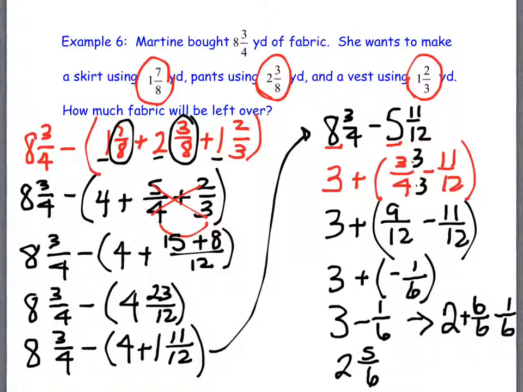This 2 and this 6/6 is the number 3. Okay, 6 over 6 is 1. So you're breaking the number 3 apart into 2 plus 1. Okay? That's the tricky step. That's the part that's a little bit odd to recognize. You end up with 2 5/6 at the end.